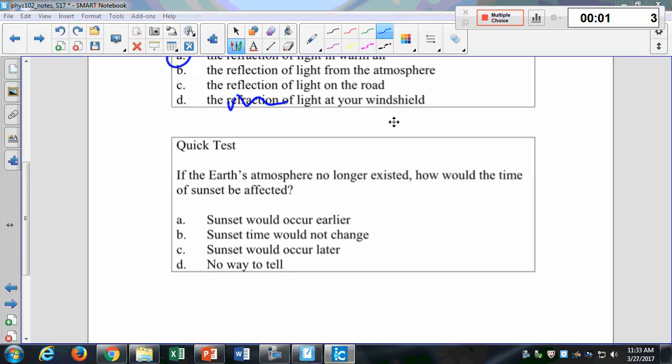If Earth's atmosphere no longer existed, how would the time of sunset be affected? Would sunset occur earlier? Would it not change? Would it occur later? Or is there no way to tell?